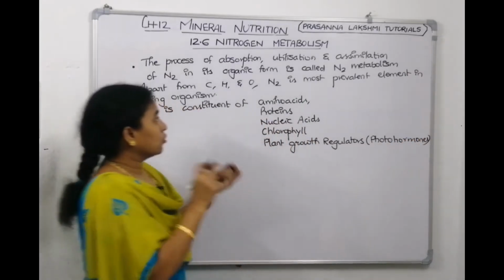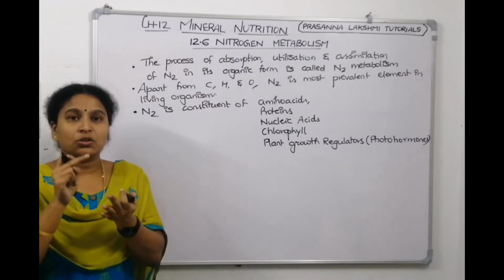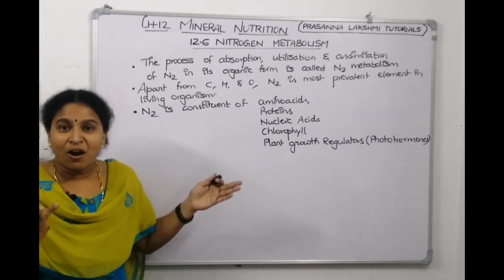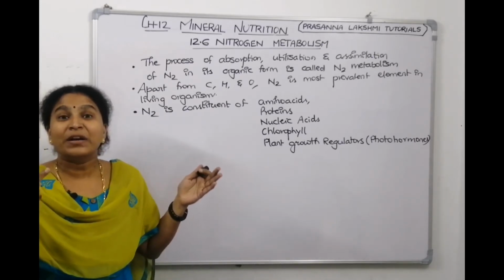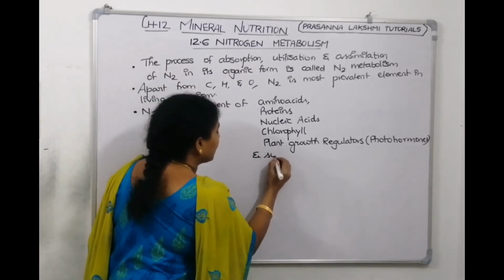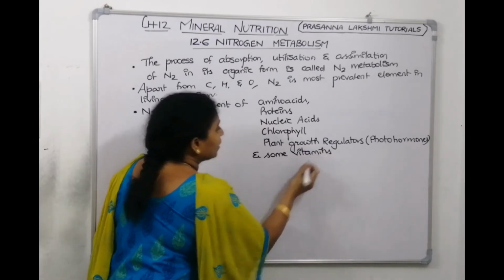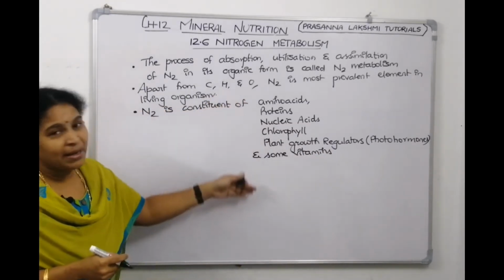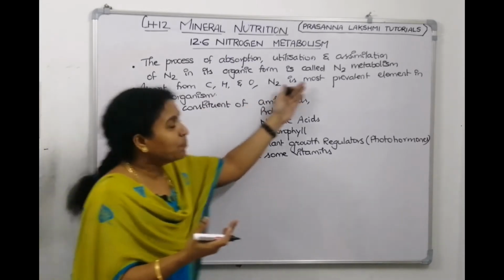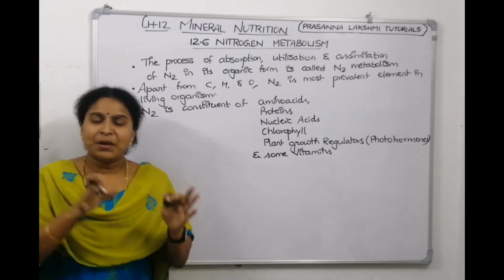Nitrogen is a constituent of amino acids. Amino acids will make protein. Nitrogen is a constituent of nucleic acids. Nitrogen will make chlorophyll. Nitrogen will make hormones. Nitrogen will even make vitamins. In some vitamins also, nitrogen is there. If any element is participating in so many things, then obviously its requirement by living organisms will be more only. Let it be a plant, let it be an animal.